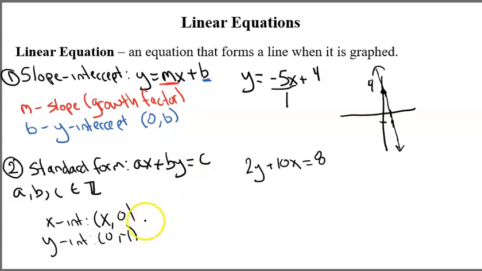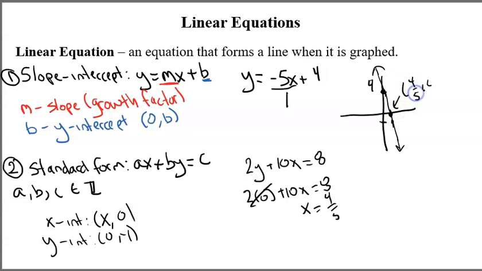So what I can do is plug a 0 into this equation for the y value, and I can solve for x. Let's do that. So I'm going to let y equals 0, so I get 2 times 0 plus 10x equals 8. So that goes away, so I get 10x equals 8, so I'm going to divide both sides by 10, so I get x equals 4/5. And so that point there is the point (4/5, 0).